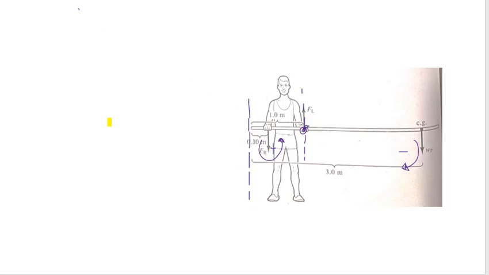If that's the new axis of rotation, let's analyze. This will cause a clockwise direction, so that's negative. This will produce a counterclockwise direction, which is positive. And this one will produce a clockwise direction, which is negative.